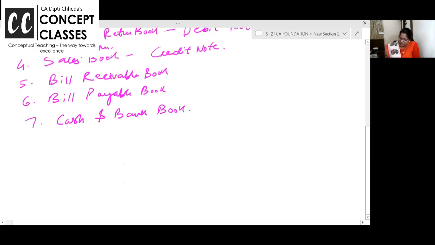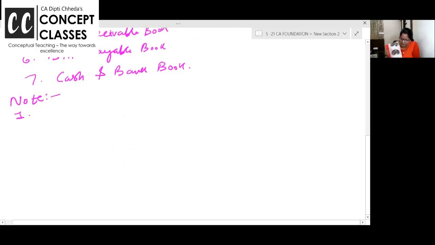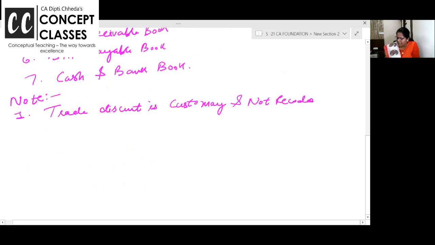Now write down note. Note 1. Trade discount is customary and not recorded in books. I know you all have already written it in other book also, but I will say it loud. Please don't write these notes in between your problems.